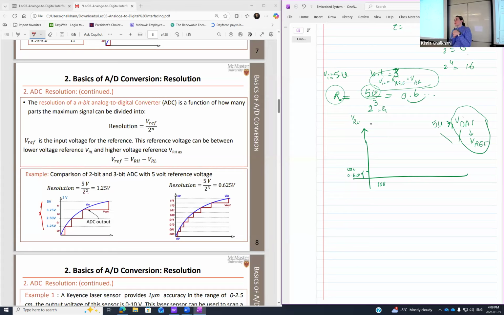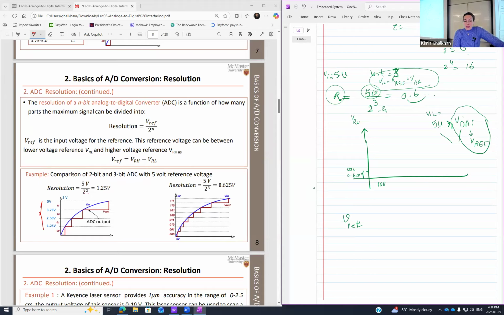Are you sure? Yes. Okay, now for resolution, either you can in here say VREF, but not the instant VREF, the maximum VREF. And maximum VREF at some point should be equal to VIN. That's what I mean. Now let's just give you that equation.